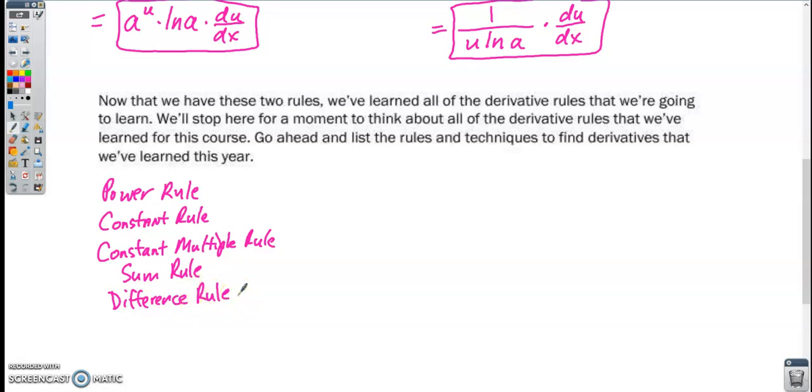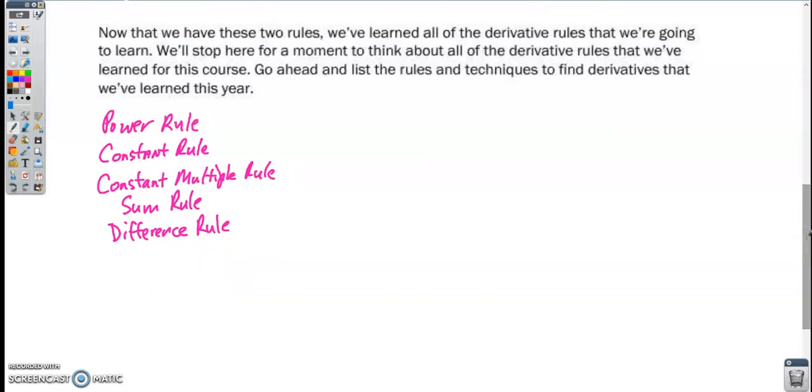Okay, and after we learned those, we learned the more advanced algebraic rules in our next couple of lessons. Actually, before we learned the more advanced algebraic rules, we learned our trigonometric derivative rules. Just sine and cosine at that point in time. But then later on, we learned the rest.